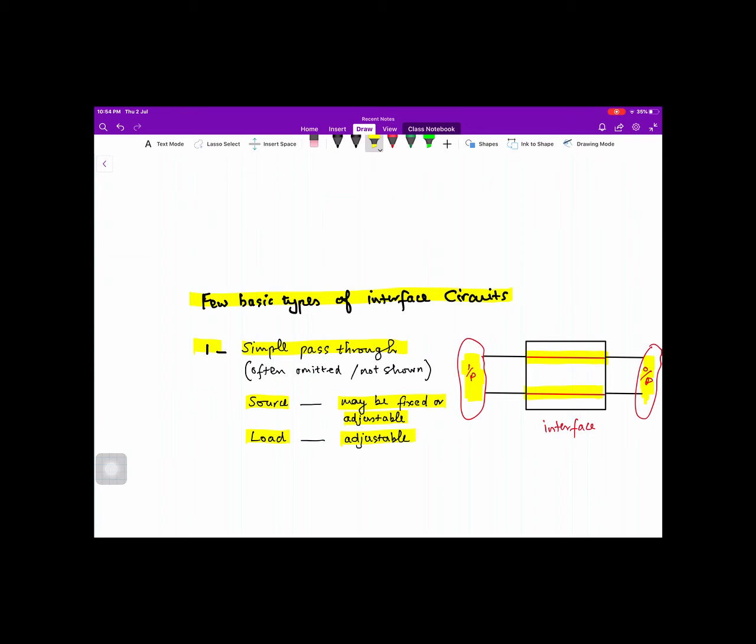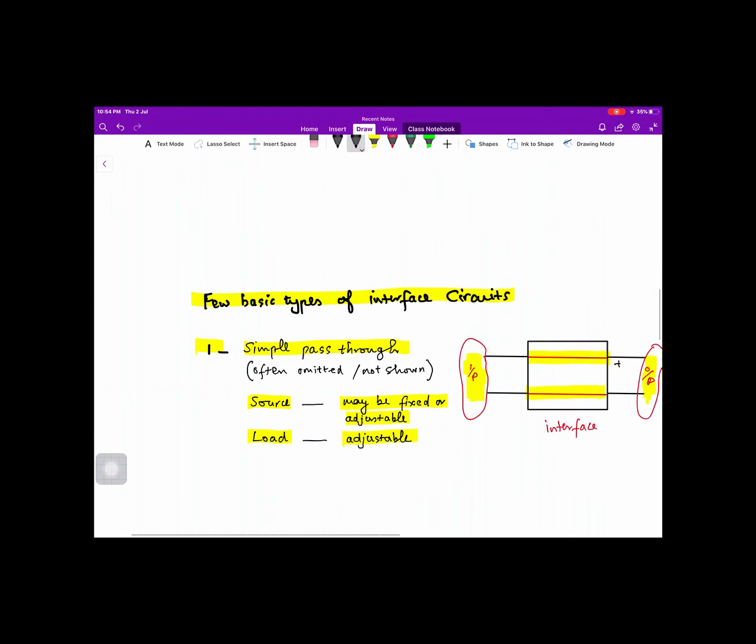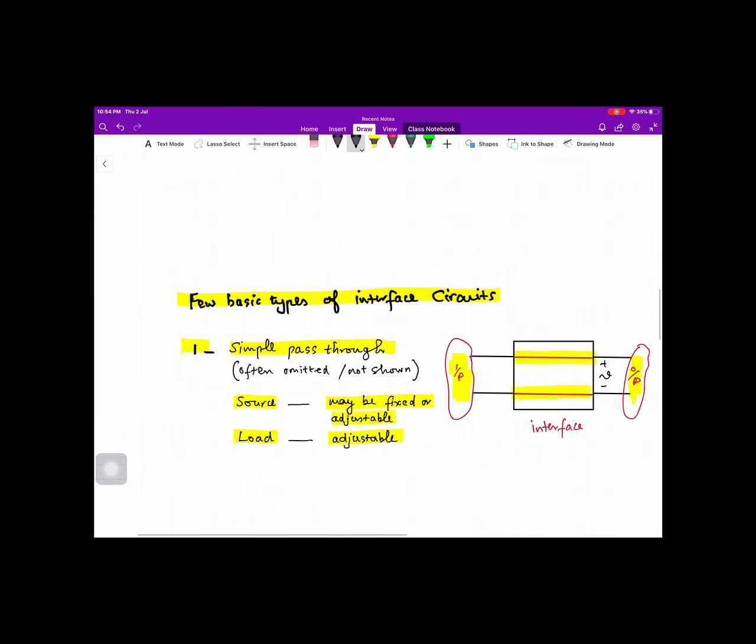With this adjustable load, we will try to ensure a specific voltage and specific current at the output. Note that this voltage polarity and direction of the current are all relative. We have to stick with this voltage polarity and current during our analysis.